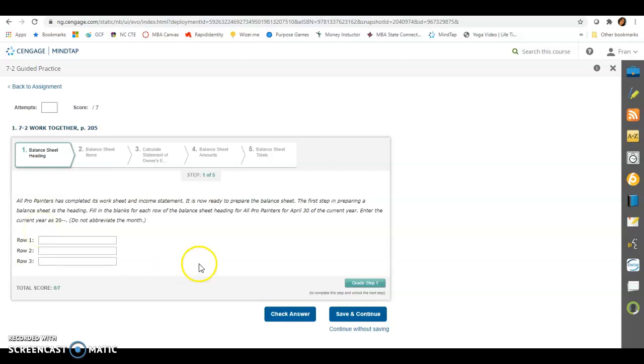All right, so just like we did before, this is called All Pro Painters, and this is the balance sheet, April 30th, 20 dash.